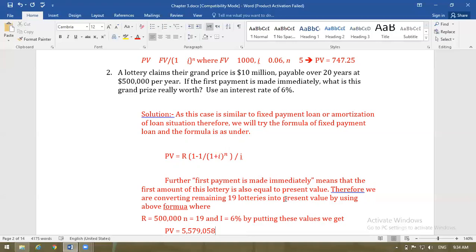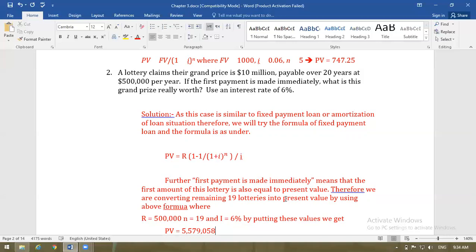As we know, this is the fixed payment loan case, and we are well aware of the formula, but the question arises about n is equal to 19. As the first payment is made immediately, I put that 5 lakh aside. So the remaining 19 payments are the remaining 19 years amount, and I will convert them into present value.